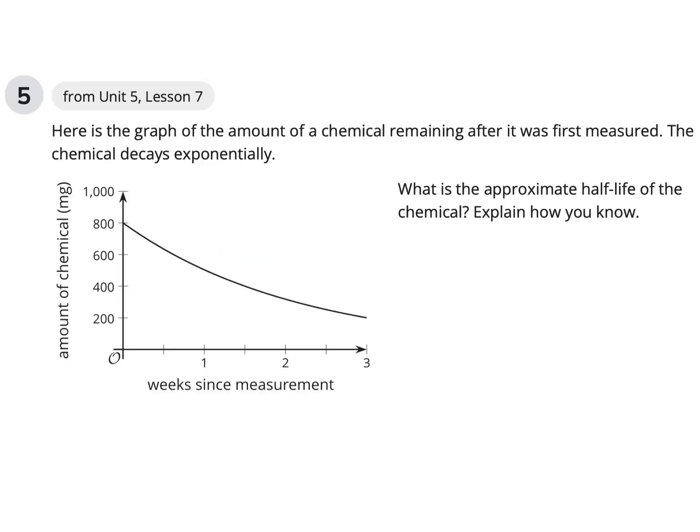Okay, so what is the half-life of the chemical? So 1 interval of time. So at 0, we're at 800. Where are we at 1? So at 1, we're about 500. Is that halfway through?